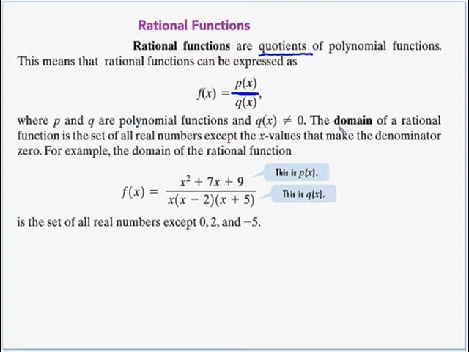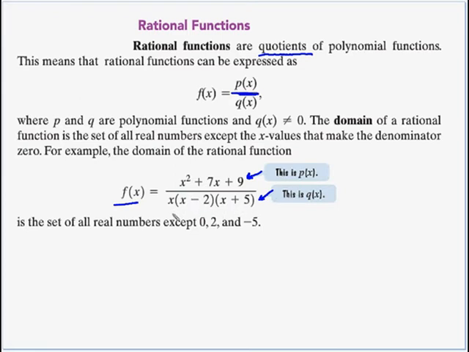Where p and q are polynomial functions, q, of course, the denominator, cannot equal 0. The domain of a rational function is the set of all real numbers except the x values that make the denominator 0. For example, the domain of this rational function here, f of x: our numerator is p of x, denominator is q of x, and notice here the denominator is in factored form.